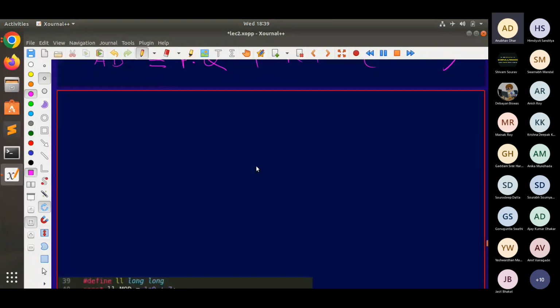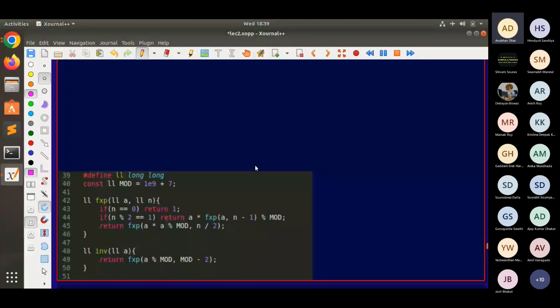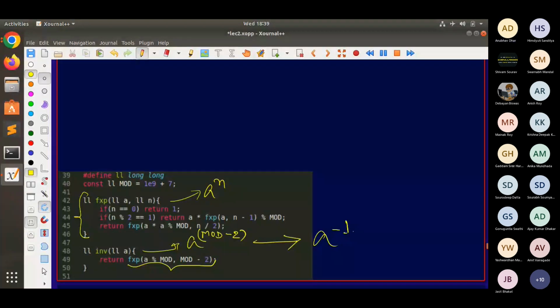I've written a small code for finding the modular inverse. It's basically the same thing I've said: you code a function for finding a to the power n, and then you use that to compute a to the power mod minus 2 to get the modular inverse of a. This is very important for many computer programming problems.